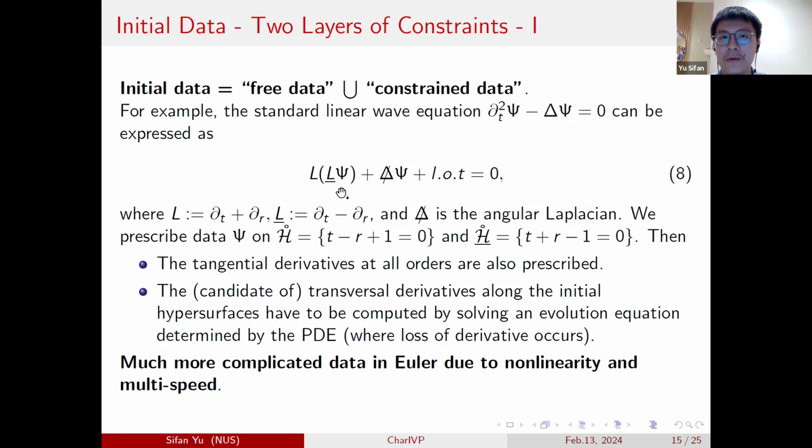So basically, you lost one derivative by solving this wave equation for L bar psi. That is, you have loss of regularity, loss of derivatives at the level of the initial data set, even for the simplest linear wave equation.